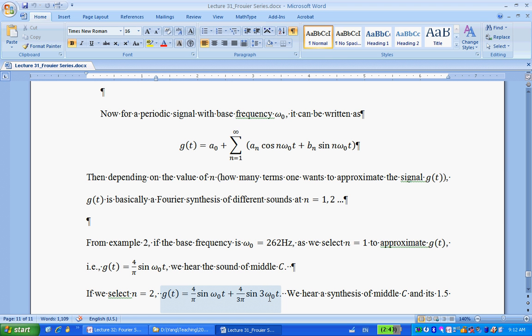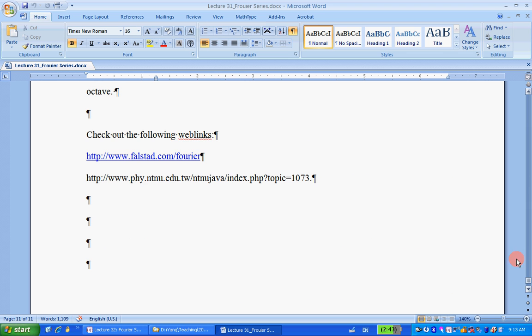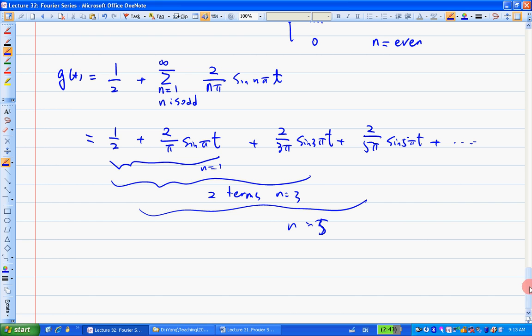Overall, what you're hearing is the middle C note plus 3 times that. Take a look at one of the websites here. There is a very good Java application you can play around with, manipulating the frequencies, and you'll hear the different sounds that result. We still have a little bit of time, so let's take a look at the next example, just a quick one.